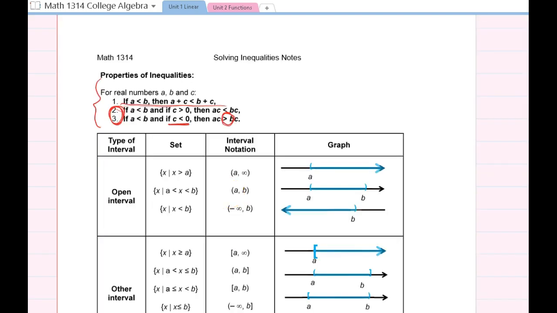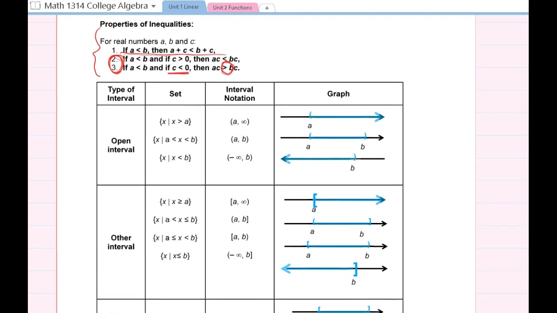Looking at some notation, we can have it in what we call set notation or set builder notation, and then we can also have interval notation. This is the one we prefer, so make sure that you understand what that means. If we have an open interval, notice that we have parentheses on everything in our interval notation, and on the graph we're going to have big parentheses as well, denoting that they're open.